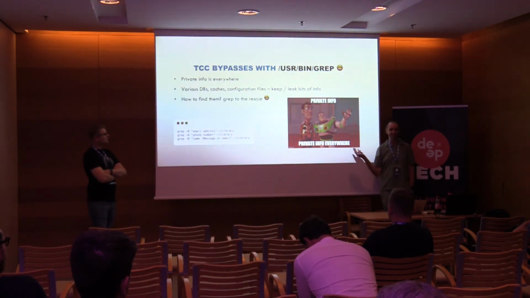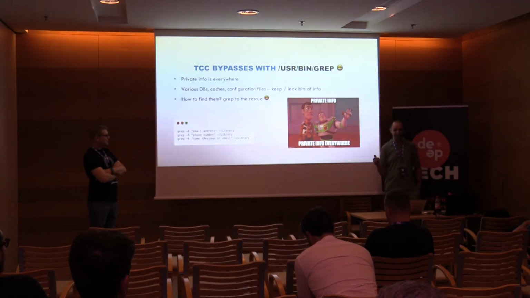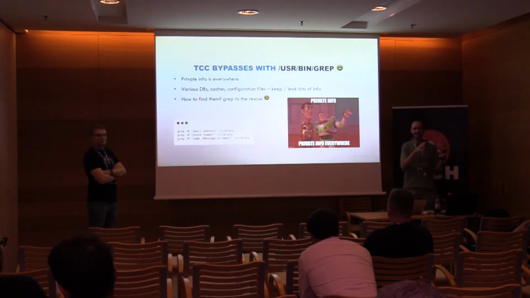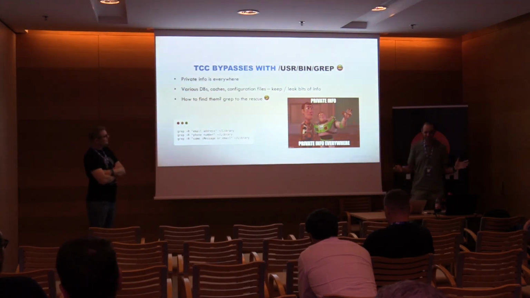And what I did, I simply ran a grep. I revoked every privacy permission from Terminal, and I simply ran a couple of greps on my home folder for some emails or phone numbers, some messages I had, to see if any of that private information can be found anywhere other than the actual location it is intended to be. And it turned out that yes, it's all over.